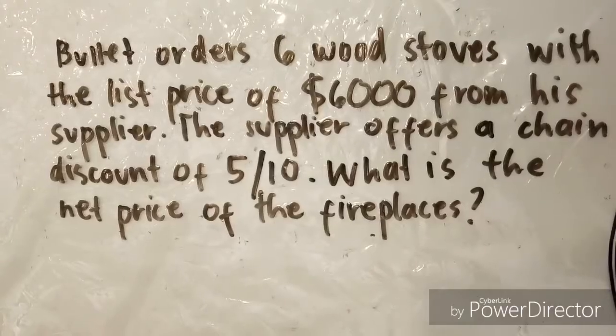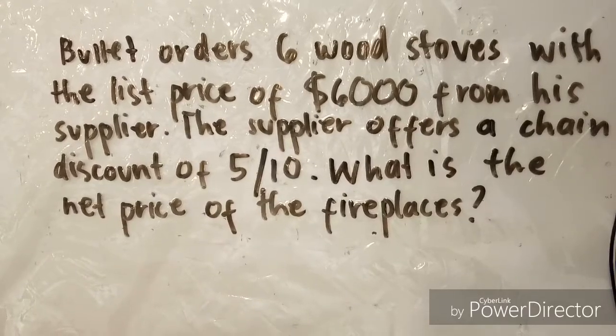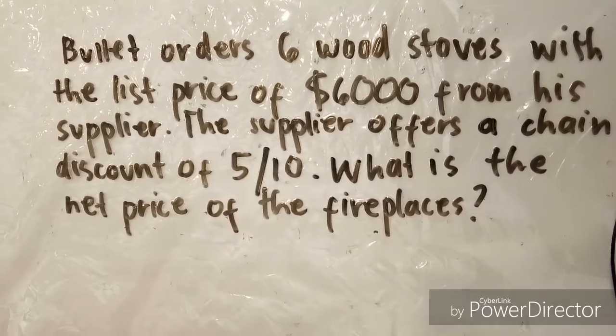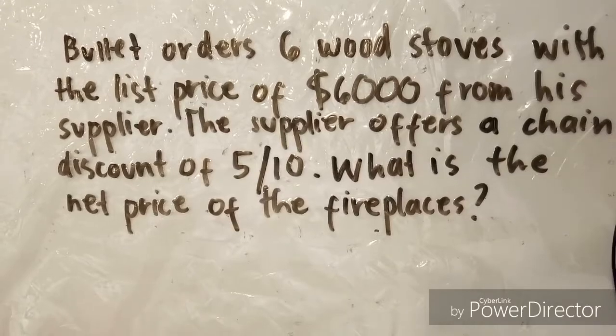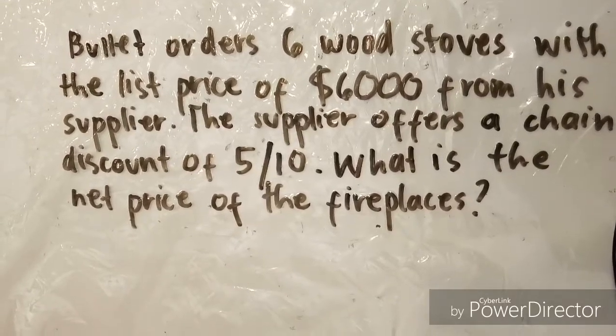Discount series or chain discount. A type of discount in which several discounts are given to a purchaser at different times and dependent on the occurrence of different conditions. Bullet orders 6 wood stoves with a list price of $6,000 from his supplier. The supplier offers a chain discount of 5/10.